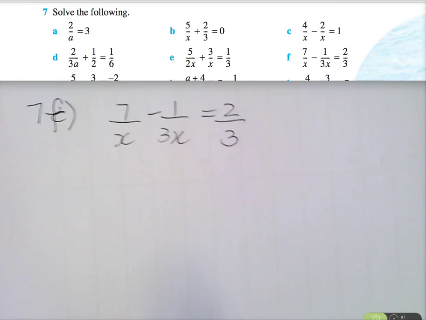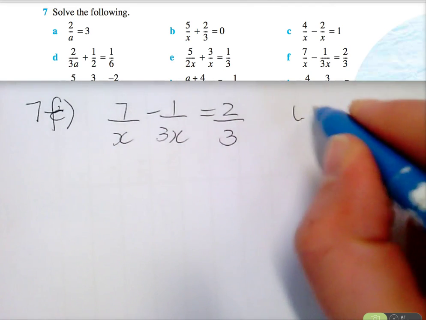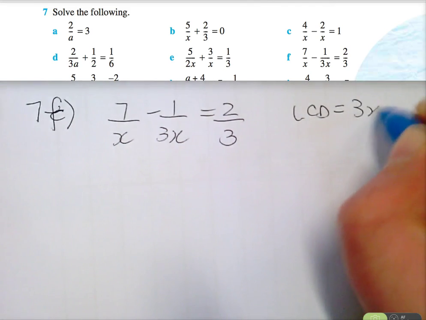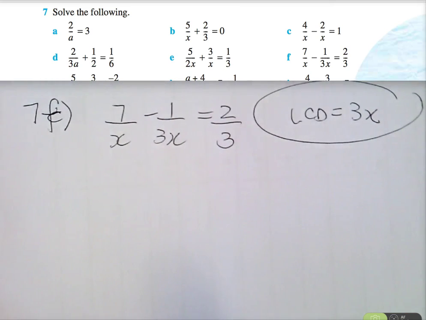Thank you. Next: 7 over x minus 1 over 3x equals 2/3. Same method. What number does x, 3x and 3 all go into? The smallest. Yeah, lowest common denominator is 3x. So they all go into 3x.